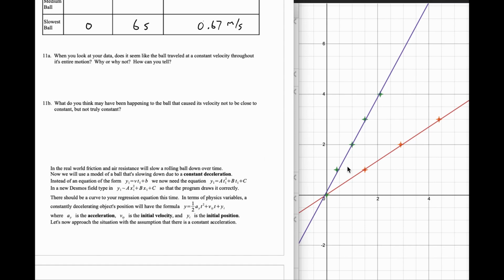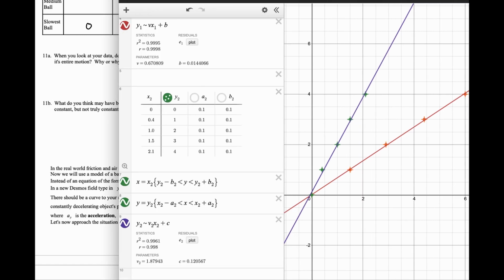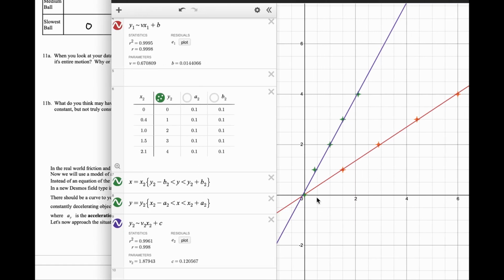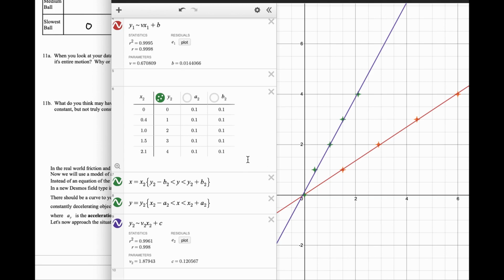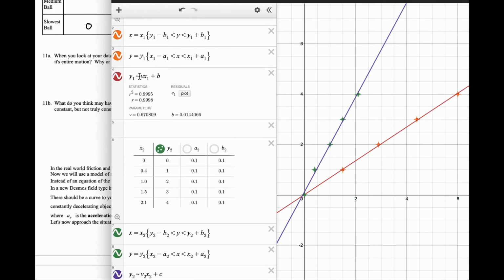In my example, there's very little net force. And when I do the parabolic regression, I don't even know if I'll be able to see the curvature of it. Hopefully you'll see a little bit of it. Anyway, to do the parabolic regression, you change your formula, because this formula is for constant velocity.